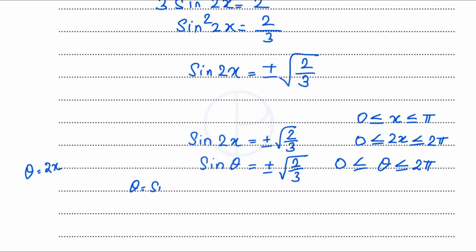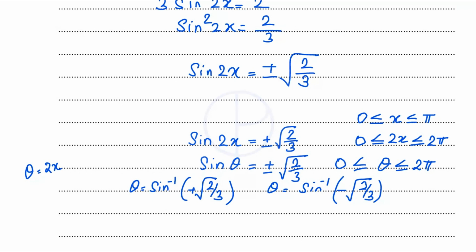Theta is equal to sine inverse of plus square root of 2 over 3, and theta is equal to sine inverse of minus square root of 2 over 3. Sine inverse of square root of 2 over 3 in radians is 0.9553. This is the principal value.